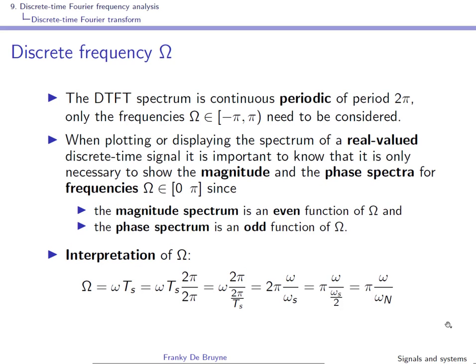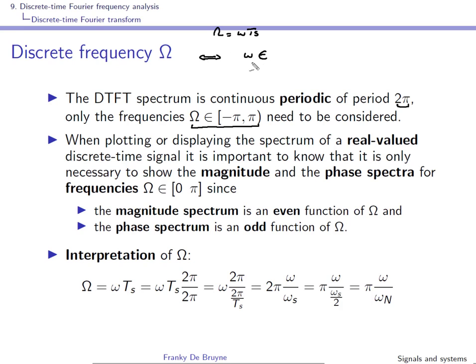We have seen that when a signal is sampled, everything becomes periodic in the frequency domain. This is something that we have discovered in the section dedicated to sampling theory. So this DTFT, this discrete time Fourier transform, will become periodic of period 2 pi, so we'll consider it in the range minus pi to pi. This is equivalent to saying that we are going to consider the analog frequencies. Remember that omega, the discrete frequency, is the analog frequency times Ts.